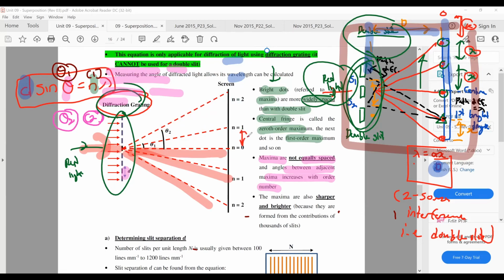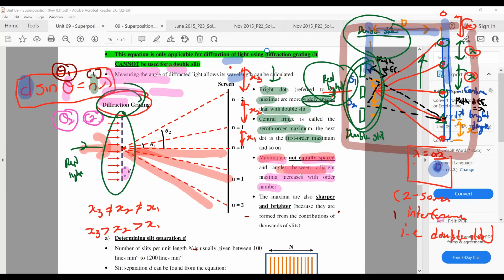This distance x1, this distance x2, and maybe another distance x3, are not going to be the same. x3 is not the same as x2, is not the same as x1. Instead, x3 is going to be more than x2, is going to be more than x1. That's what this statement here means. They are not equally spaced.